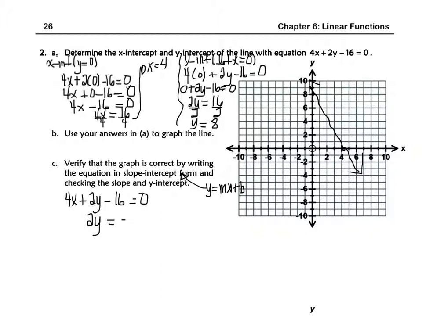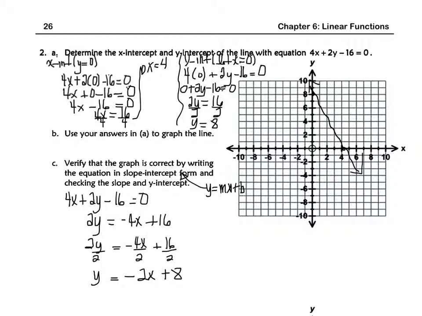So that's going to become a negative 4x on the other side and a positive 16. And then we want y, not 2y, so we're going to have to divide by 2. And whatever we do to the one side, we have to do to the other. So we have to divide everything on the other side by 2. So that's going to give you y equals negative 2x plus 8.